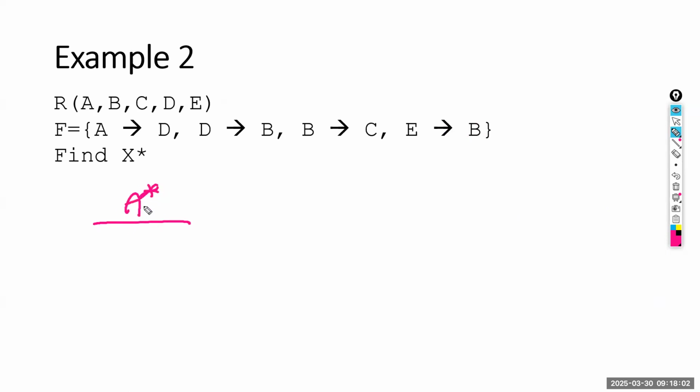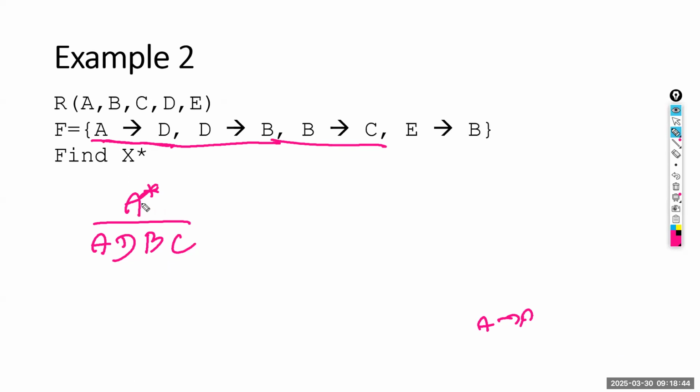By reflexivity, A determines A. Right? A determines A. Do you agree? Because by reflexivity, A determines A. Now we use a slightly different notation because we need to write a lot of closures. Rather than writing A determines A, I just say A determined A. And by this rule, A determined D. And by combining these two rules, if A determines D and D determines B, A determines B. If A determines B and B determines C, then A determines C, transitivity.